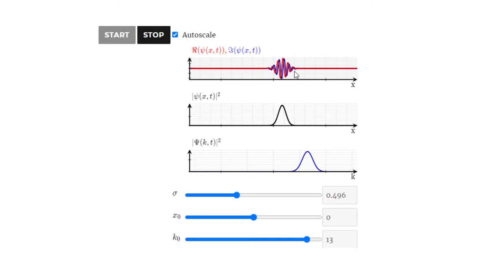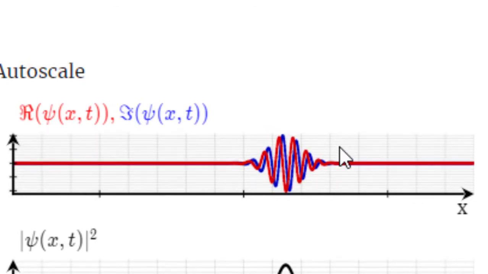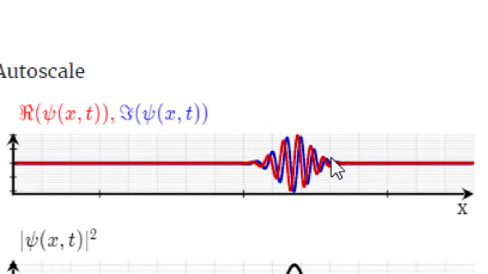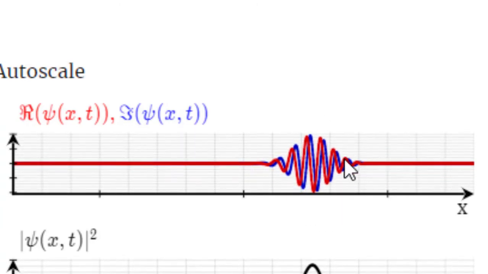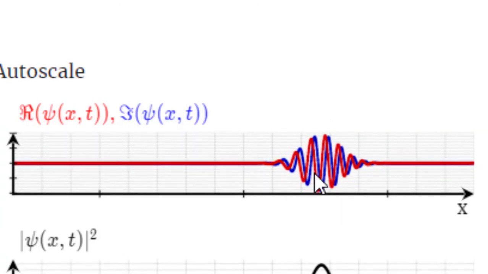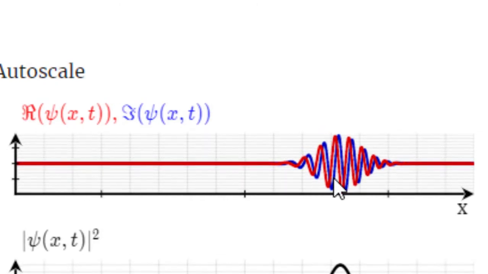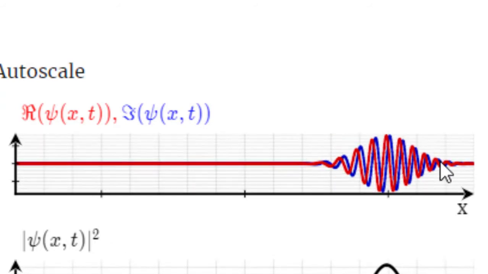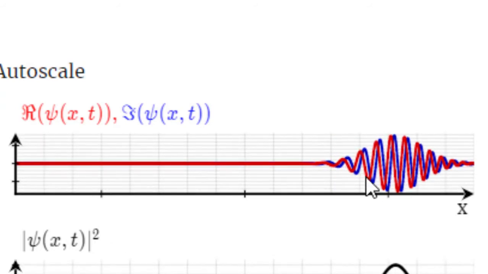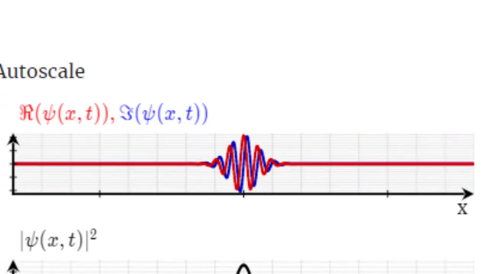As this moves, what's happening is that the higher spatial frequency waves, i.e. the shorter wavelength waves that comprise this wave packet, move faster than their lower spatial frequency counterparts. And so what you see is that the higher spatial frequency waves outrun their lower spatial frequency counterparts.